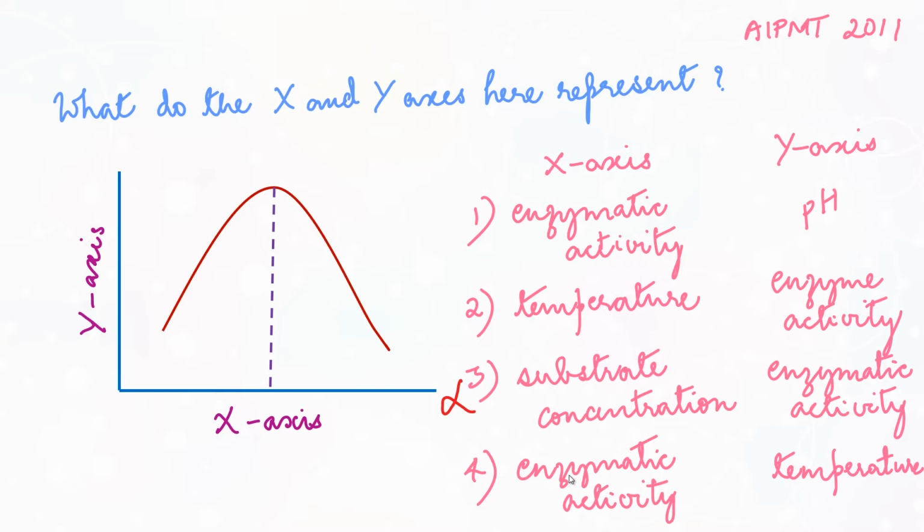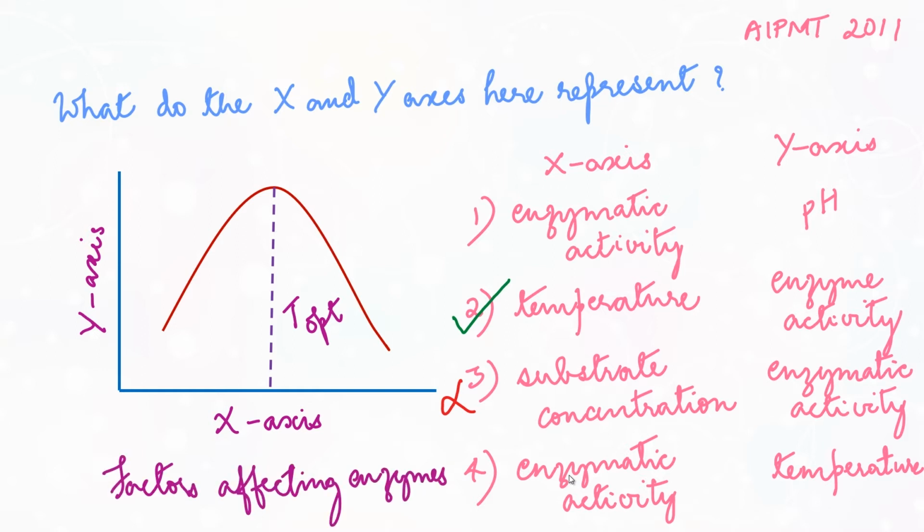The only option here in such a manner is option 2. So what you have here is a temperature optimum, and the x-axis shows temperature and the y-axis shows enzyme activity. Again, to remind you, I have discussed this in quite detail in factors affecting enzymes. Take a look at that video if you need to know more about this question.